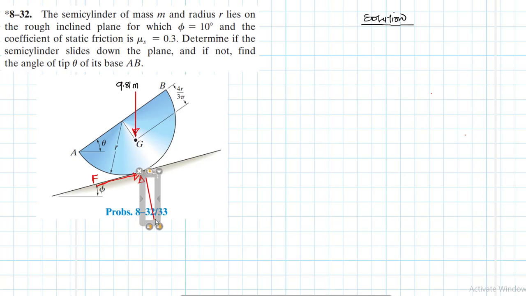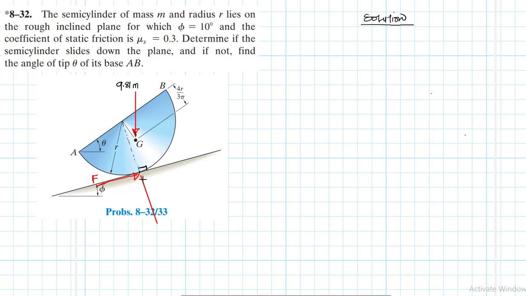Let me draw it properly, because according to the rules of a semicircle, we expect this normal force to go through the center of the circle, so that it makes 90 degrees with this particular surface.